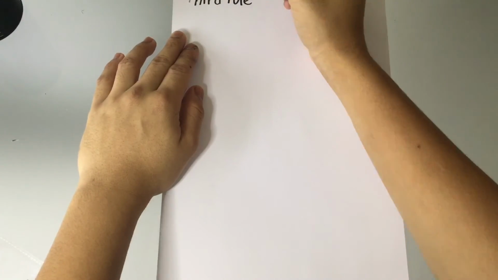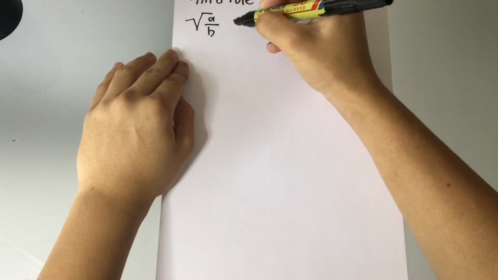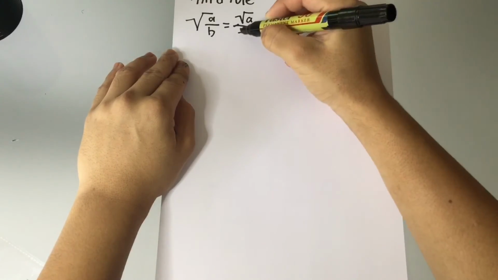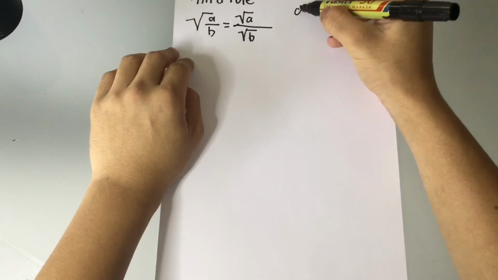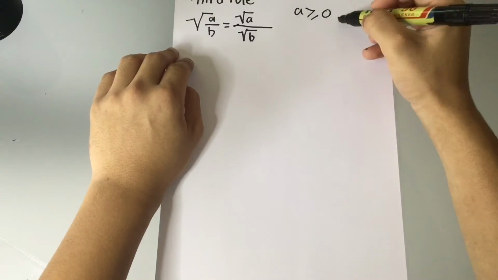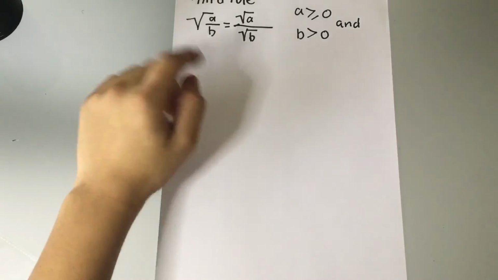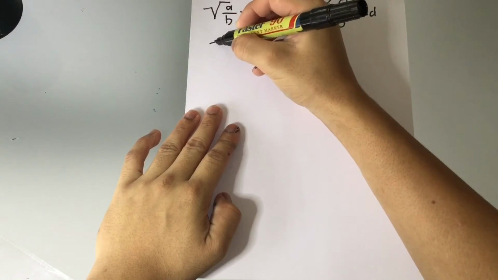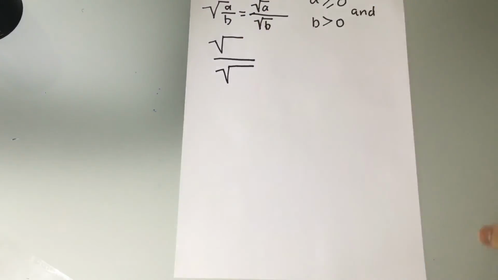Now going to the third rule, square root of a over b, which is equivalent to square root a over square root b. This condition can be fulfilled if a is bigger than or equal to 0 and b is bigger than 0. Let's put an example to make this easier to understand.